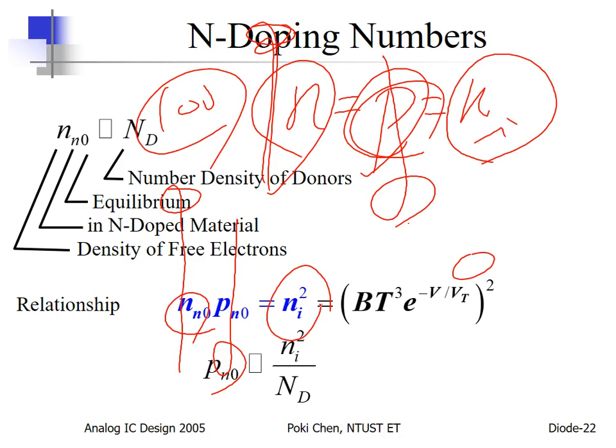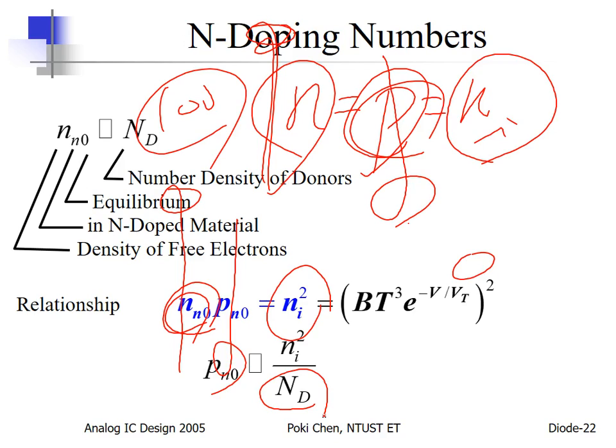But after doping, one becomes sky high and the other becomes sky low, almost 0, right? So you will ask me, after doping, what is the concentration of electrons? It is almost equivalent to the doping concentration.